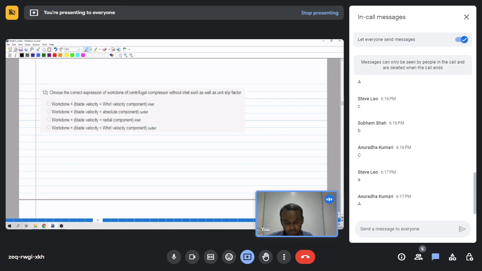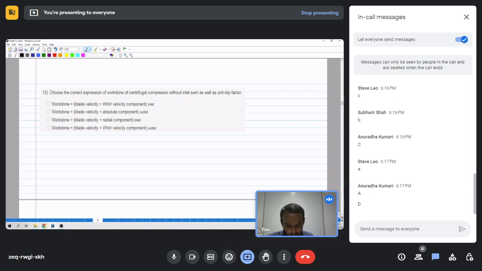Choose the correct expression of work done of a centrifugal compressor without inlet swirl as well as unit slip factor. Work done is equal to blade velocity multiplied by the whirl component at inlet, or the absolute component at outlet, or the radial component at inlet, or the whirl velocity component at outlet.